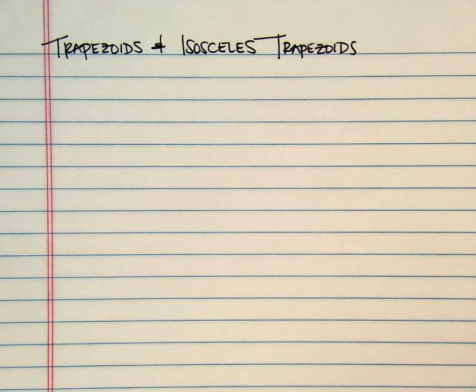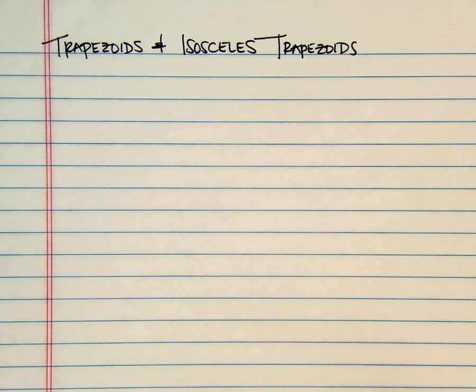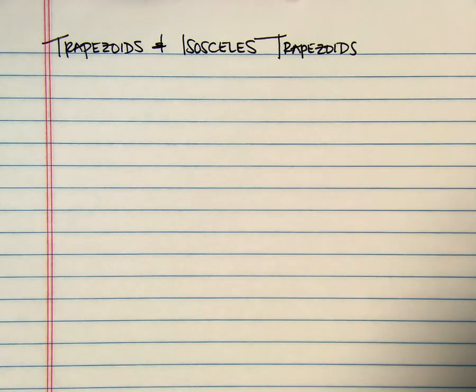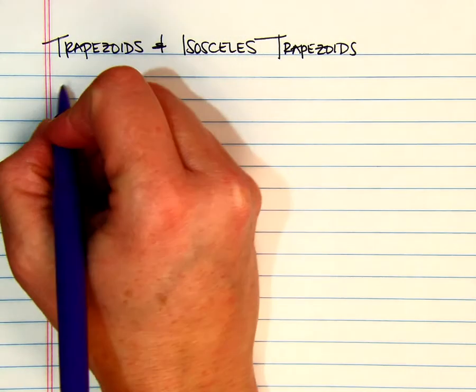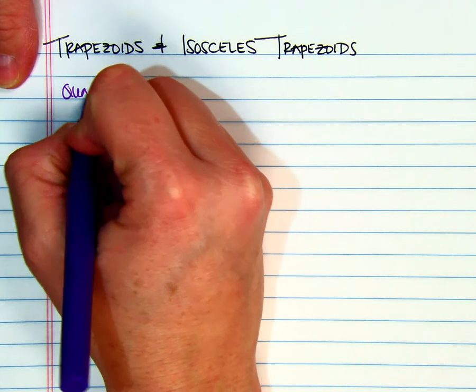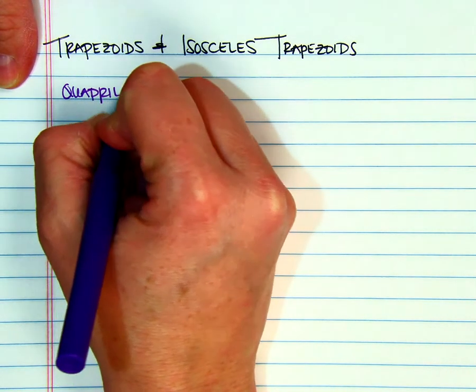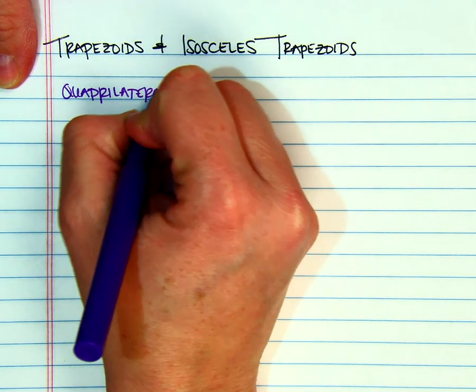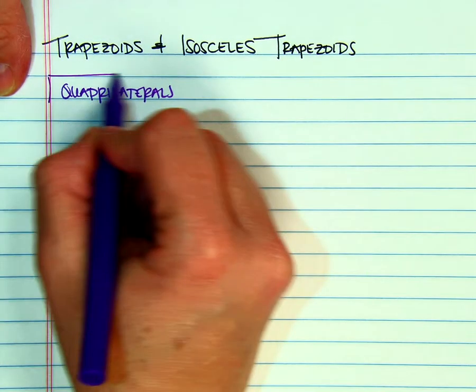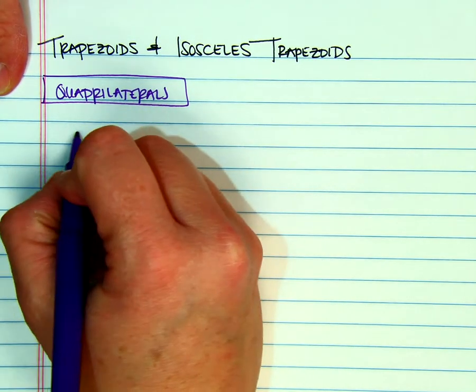Okay, so today we're going to talk about trapezoids and isosceles trapezoids. Just to refresh your memory, remember we've had this table of the quadrilaterals, and then specifically we had parallelograms.